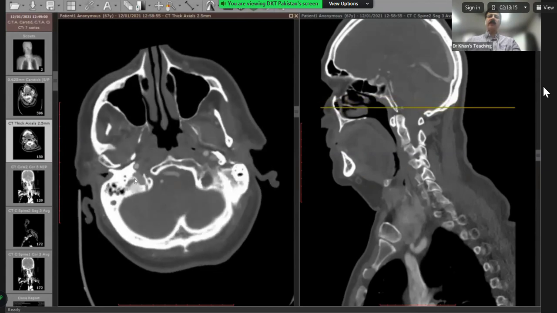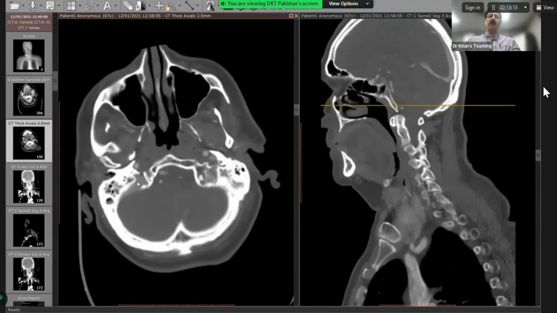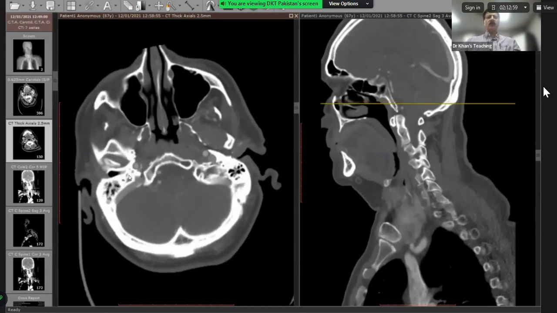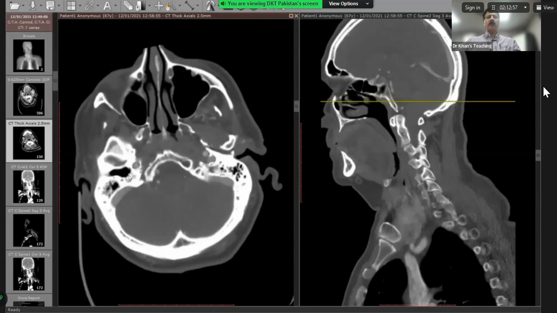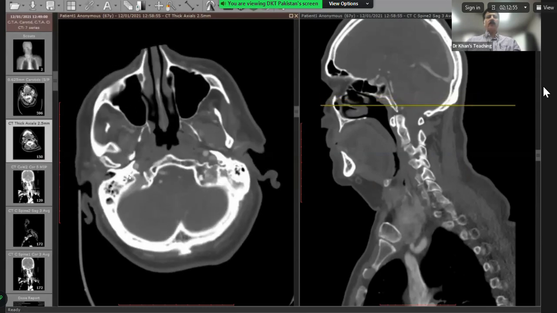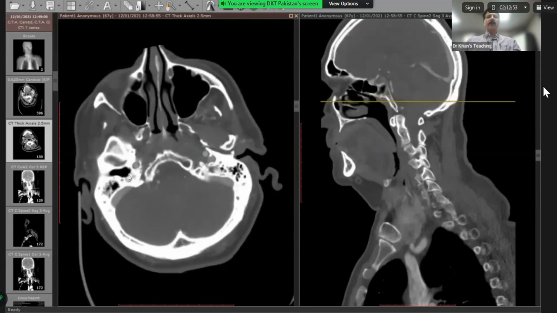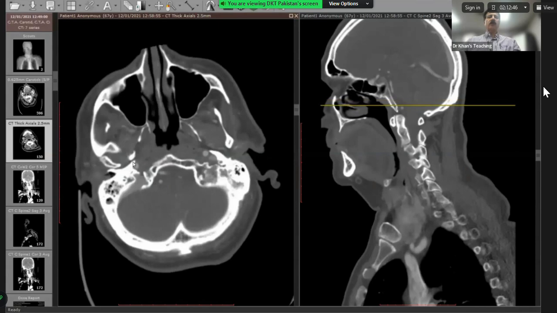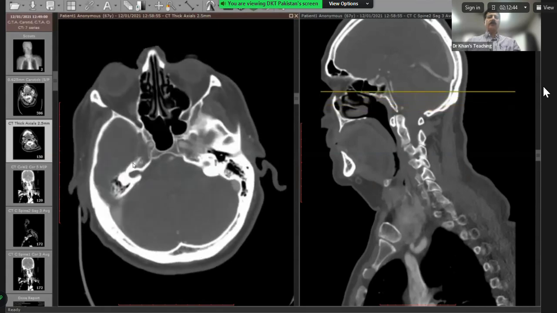Similarly, in a high riding jugular foramen, the internal jugular vein can project into the middle ear cavity. We call it a high riding dehiscent jugular foramen. But these are normal variants. Otherwise, normally, key point to remember, the jugular foramen will be the floor, and the carotid canal will be the anterior wall of the middle ear cavity.